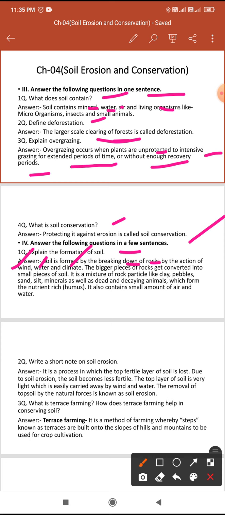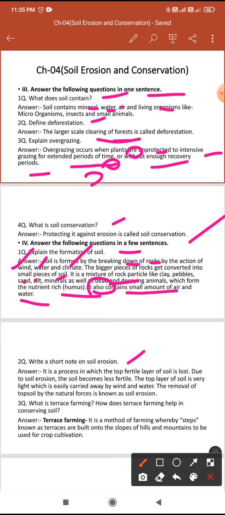The bigger pieces of rocks get converted into small pieces of soil, or you can say it is the mixture of rock particles like clay, pebbles, sand, silt, minerals, as well as dead and decaying animals, which form the nutrient rich humus. And this soil contains a small amount of air and water.